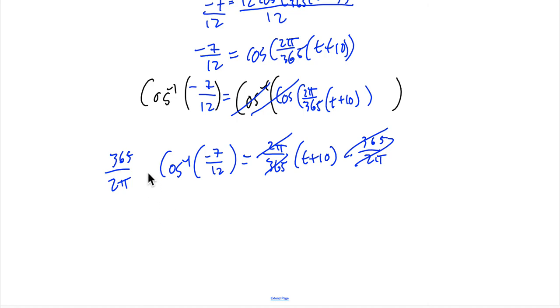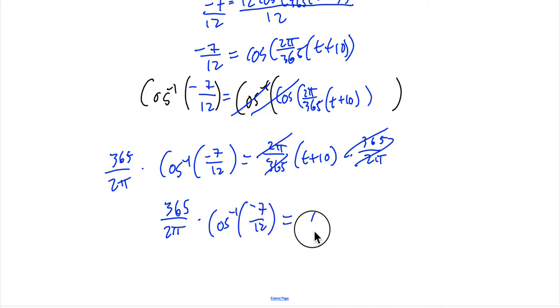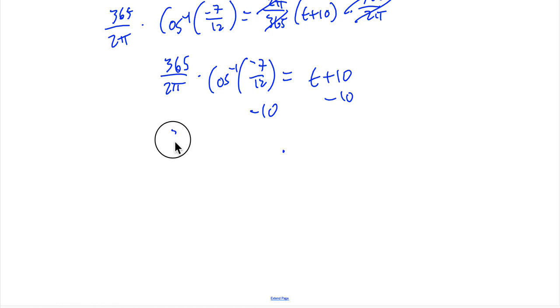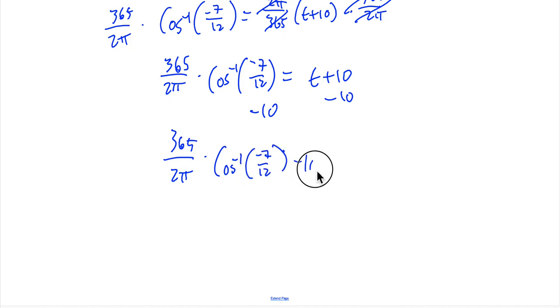So now I have 365 over 2 pi times the inverse cosine of negative 7 over 12 equals T plus 10. The final step is just to subtract 10 from both sides, and you get 365 over 2 pi times the inverse cosine of negative 7 over 12, minus 10, equals T. And that's how you'll find your T, your answer.